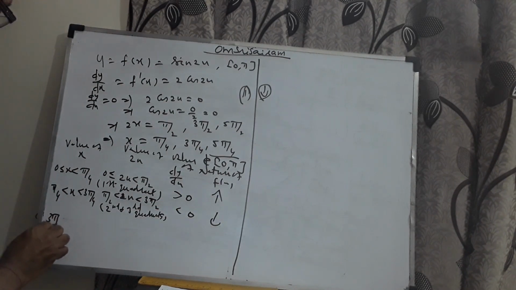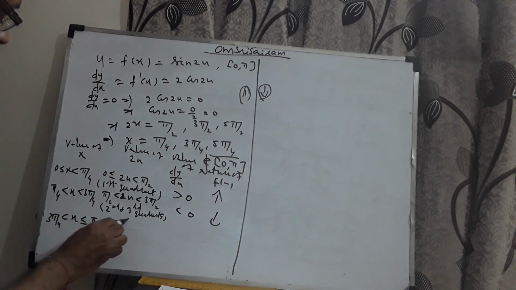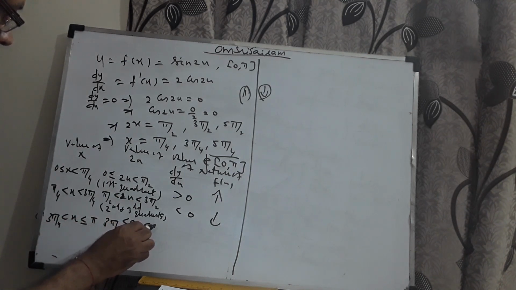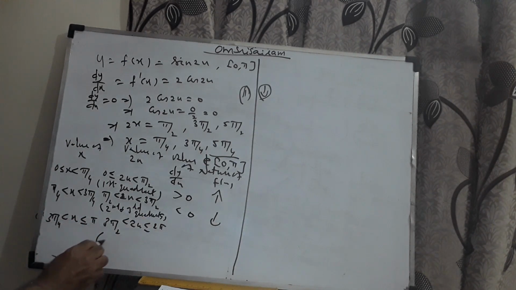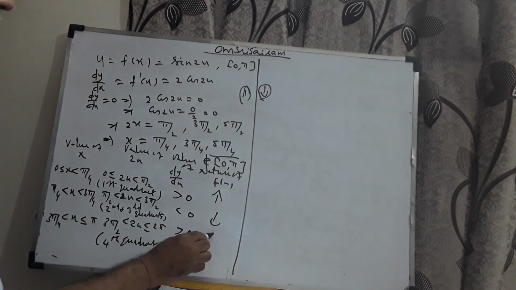Now 3 pi by 4 less than x less than or equal to pi gives 3 pi by 2 less than 2x less than or equal to 2 pi. It's an angle in the fourth quadrant, between 270 degrees and 360 degrees, where cosine is positive.